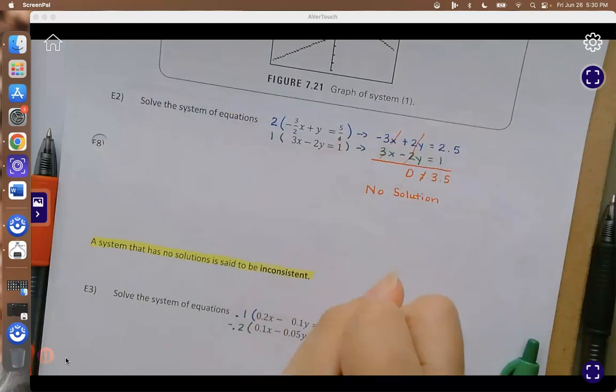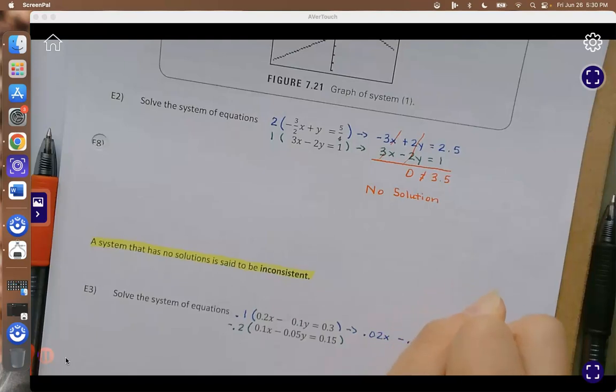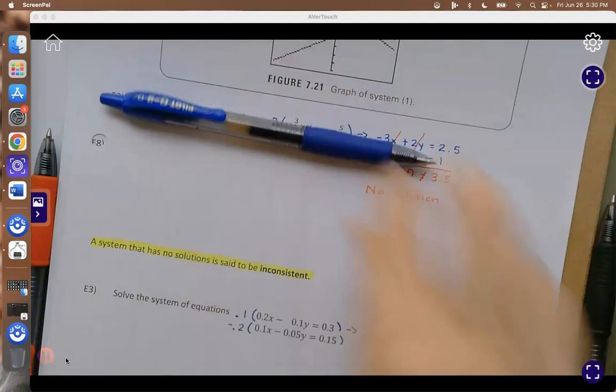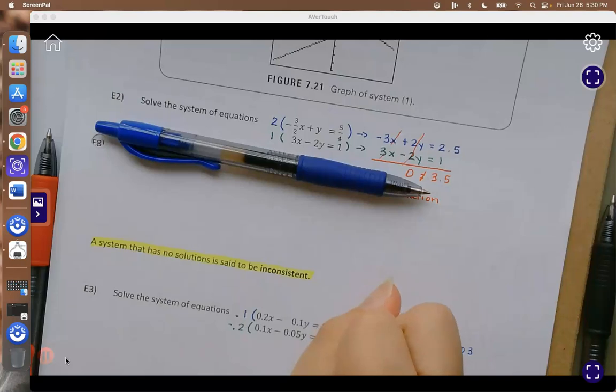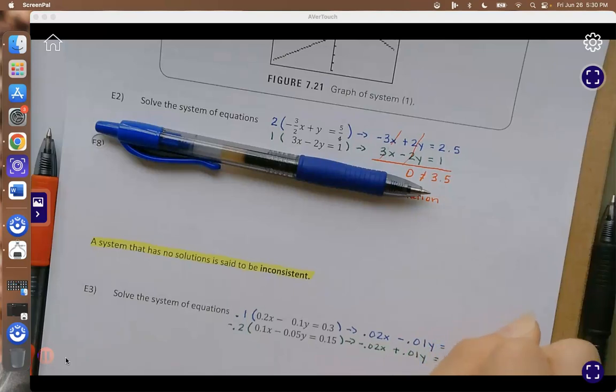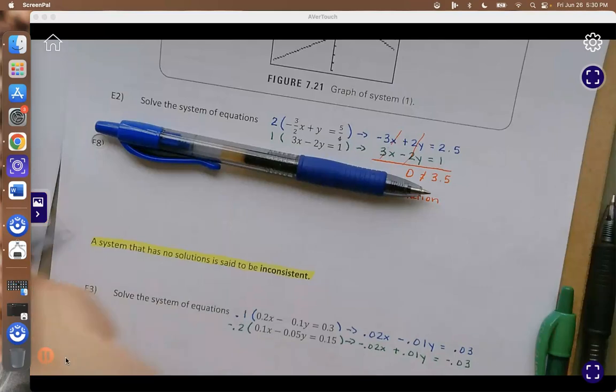So this one becomes 0.02x minus 0.01y equals 0.03. This one becomes negative 0.02x plus 0.01y equals negative 0.03.